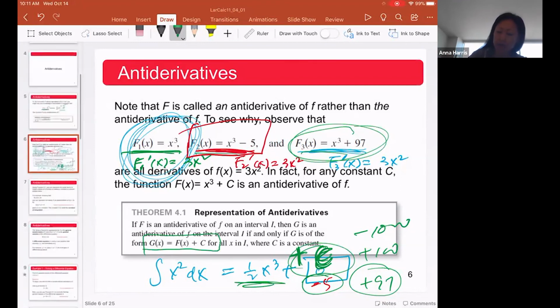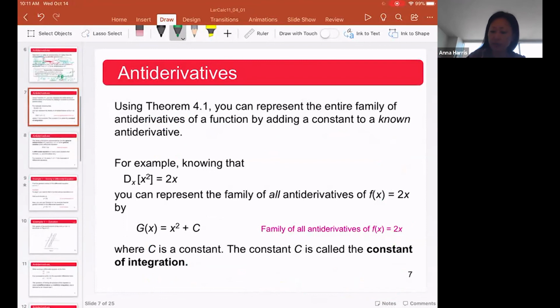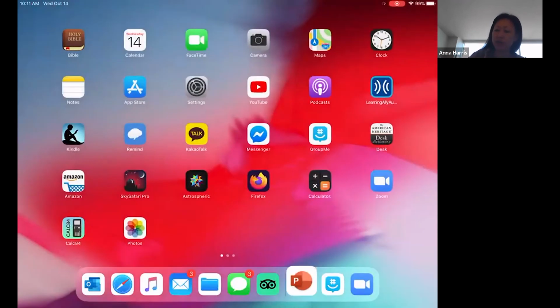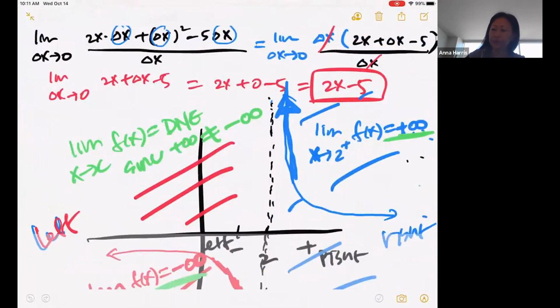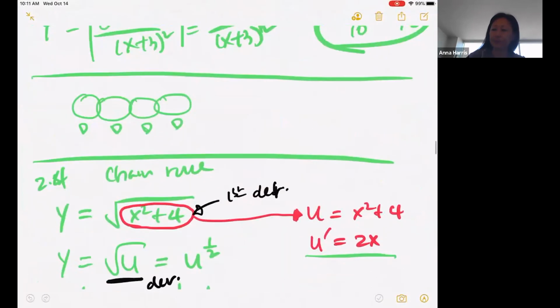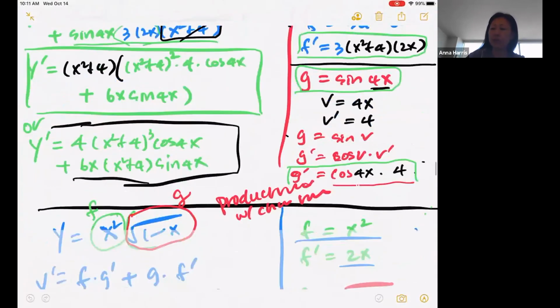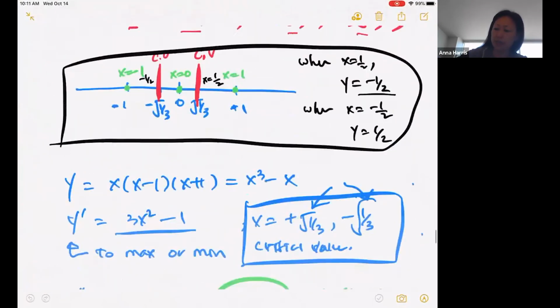All right, so let's look at an example. Let's look at our notebook. So we're going to do antiderivative now. Sorry about that, it's not up to date.